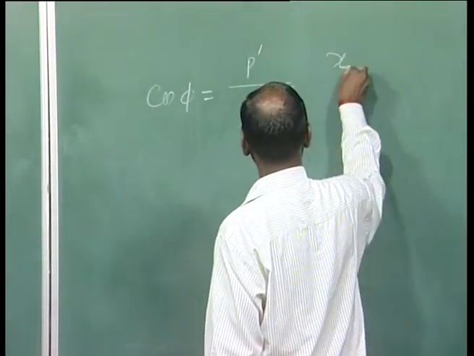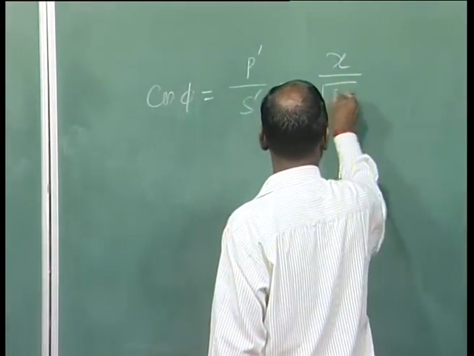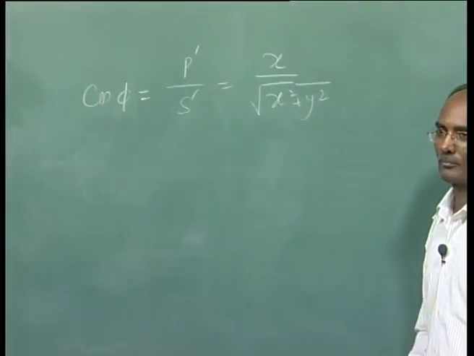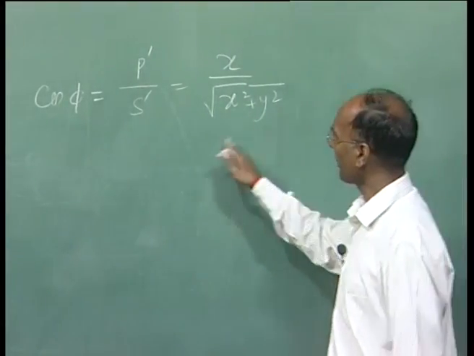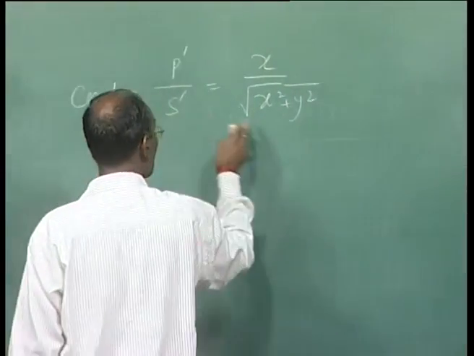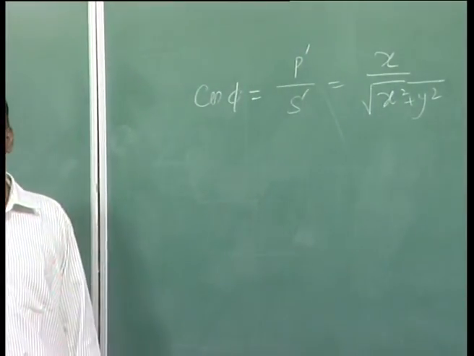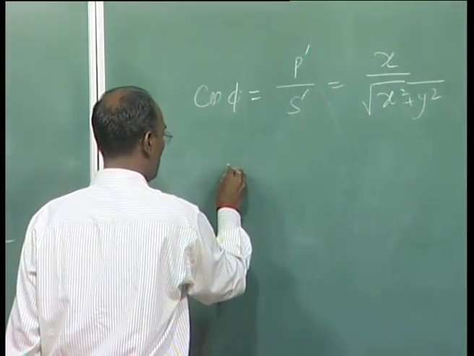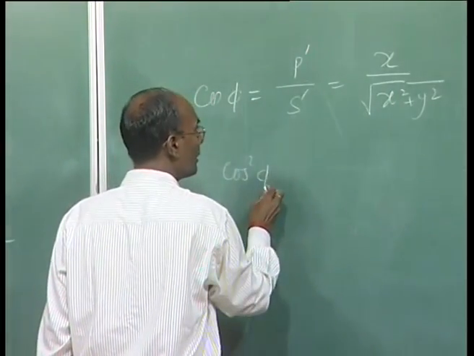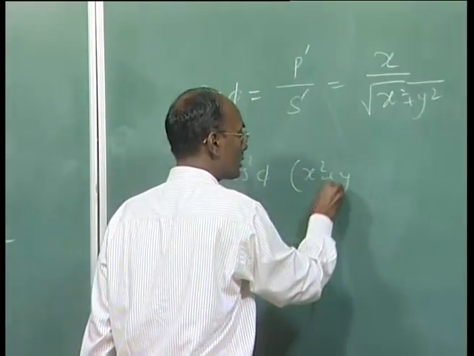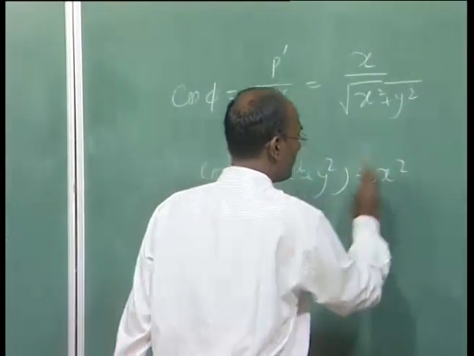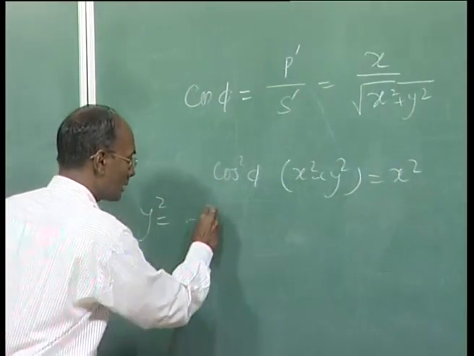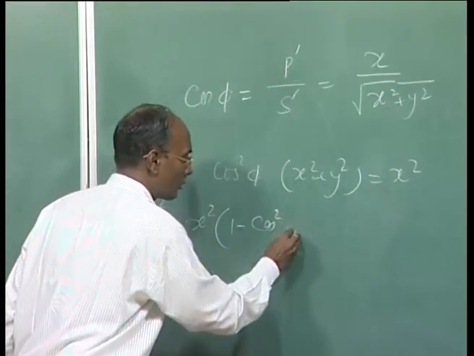This value is your X, and the denominator is under root X square plus Y square. Now let us simplify it, and I want an expression in terms of X and Y. If you square it, we get cos square phi times X square plus Y square equal to X square. So Y square will be X square times 1 minus cos square phi.